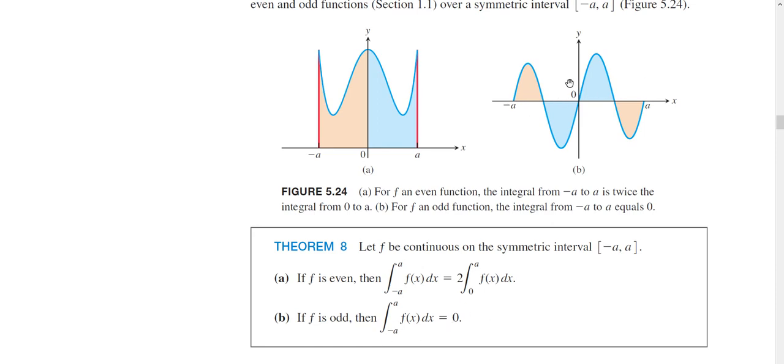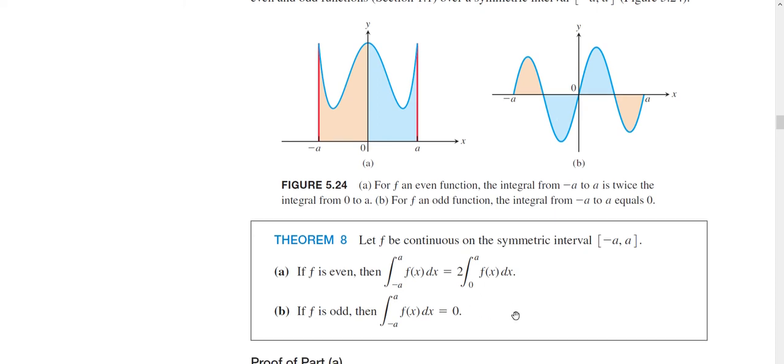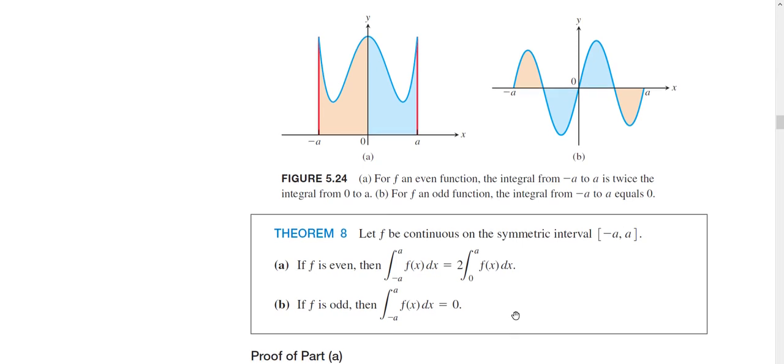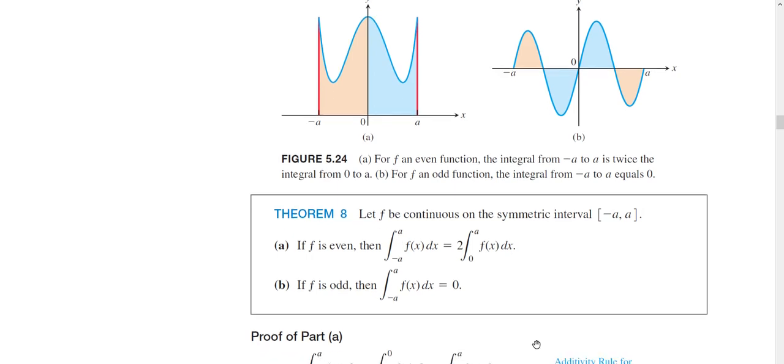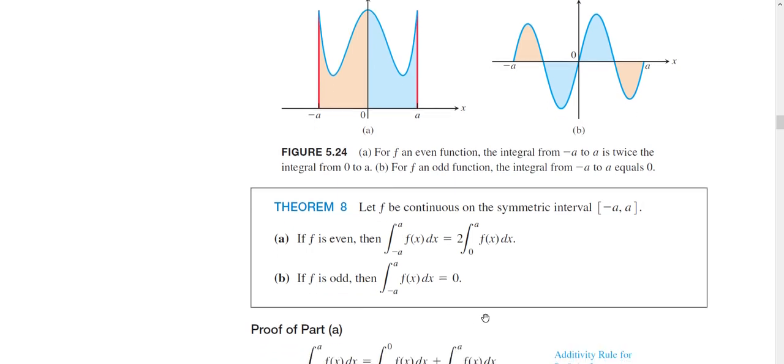Because the area above the x-axis covered by the curve and the area below the x-axis covered by the curve are the same. So when we add both the areas, the value of this integral is 0, right? So area is not 0, as we already know. Area is not equal to 0, but the value of this integral will become 0.